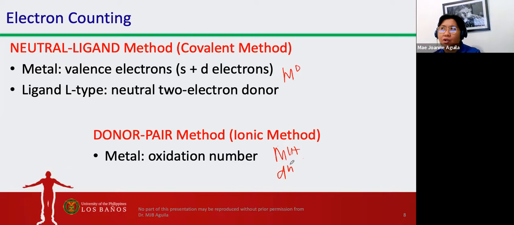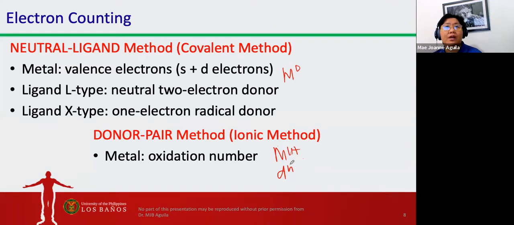And then in terms of the differences in the ligand, for the neutral ligand method, you're going to categorize two types of ligand: those that can donate 2 electrons, usually neutral 2 electron donors, and those that can donate 1 electron, which are 1 electron radical donors. The X type ligand, which is a 1 electron radical donor, is considered to make a covalent bond with the metal in the truest sense of covalent bond that we know.